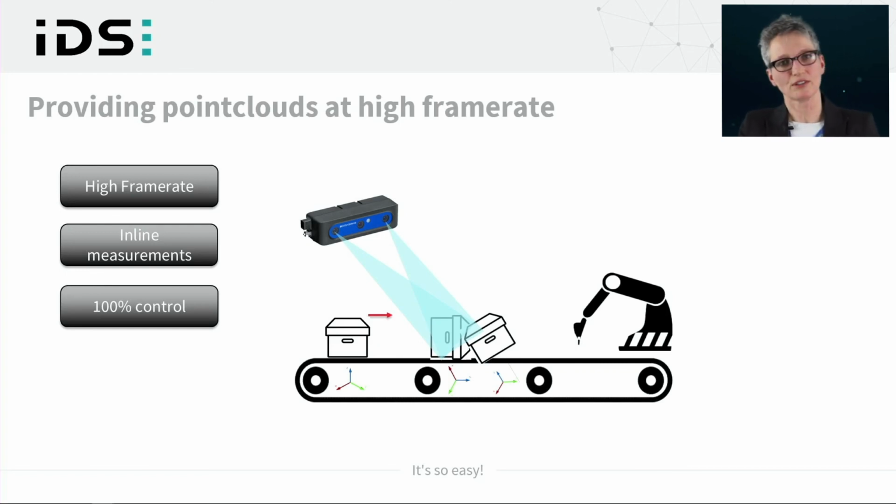So you're able to check the ongoing production, and you get one step closer to 100% control, because you don't take your objects and carry them to the measurement room, but you can directly use your camera and check the objects while production is going on.